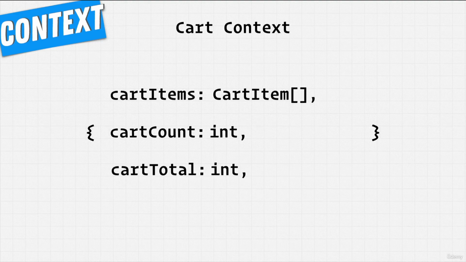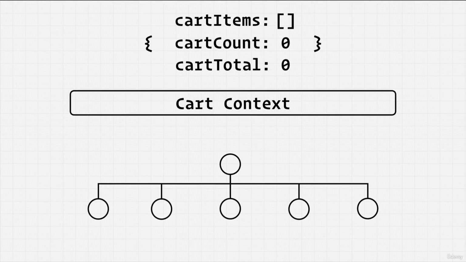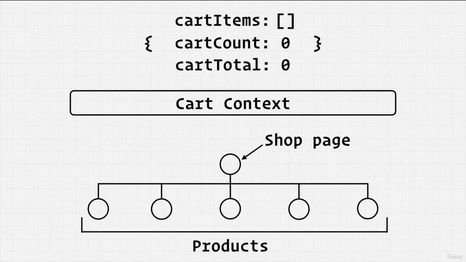The thing about cart context inside of our application is that I want to zero in on this little example where we have our shop page. This is a component tree representing the shop page portion of our application. It has a bunch of different products, which are represented by product nodes down there, those lower level circles.